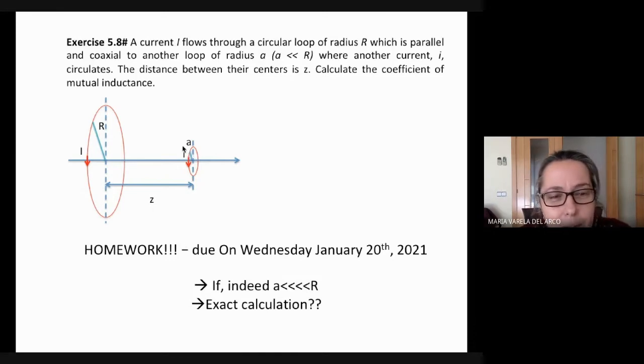And in order to calculate the exact number, things can be complicated, because if we don't assume that a is super tiny, the magnetic field generated by this large circle across the surface of the second circuit is not homogeneous anymore. Now who calculates the flux of a non-homogeneous magnetic field across this tiny surface?